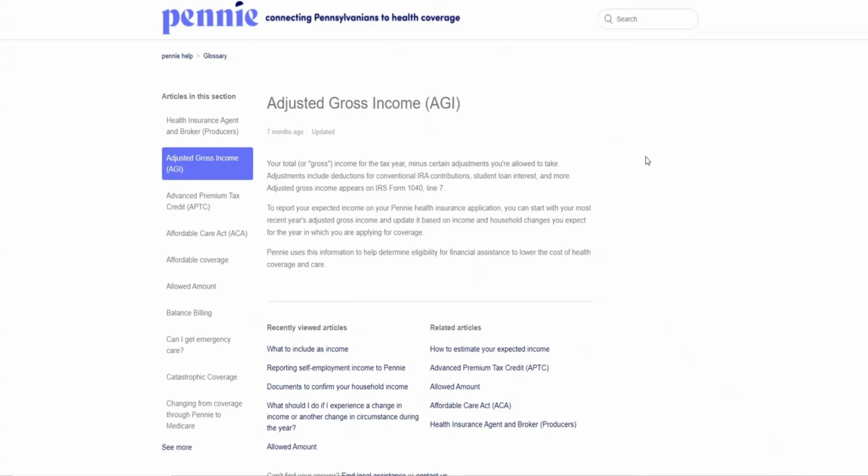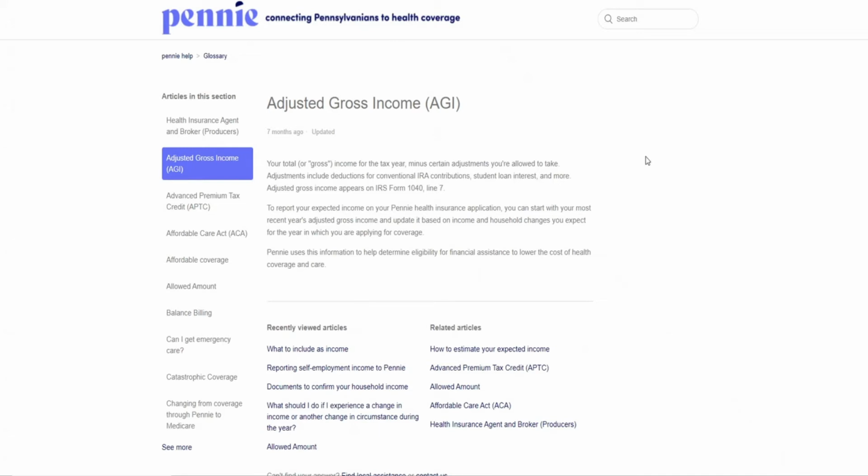Adjusted gross income appears on, and this is an important thing to keep in mind, what matters for most people. I'm not talking about the incredibly complicated. I'm talking about for most people, what matters is line 7 on their 1040.